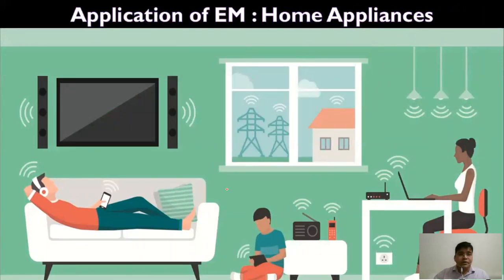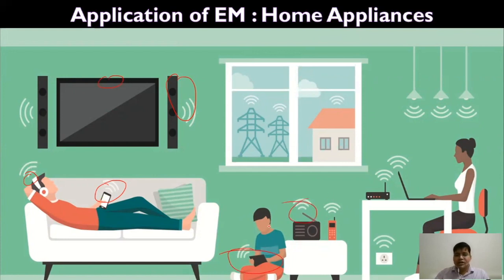Now come to the next application, that is home appliances. A number of home appliances are based on the electromagnetic field. Here you are observing a smart TV, smart speakers, and smart headphones, connected with Bluetooth and Wi-Fi to the mobile, with several electromagnetic wave signals coming. The tablet, radio, and cordless phone are also connected with EM waves.